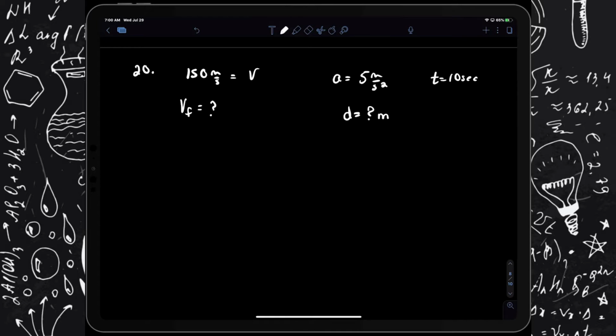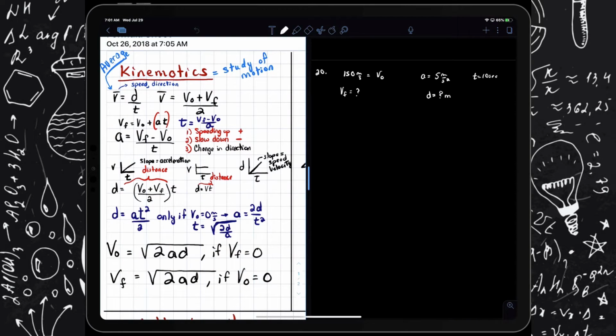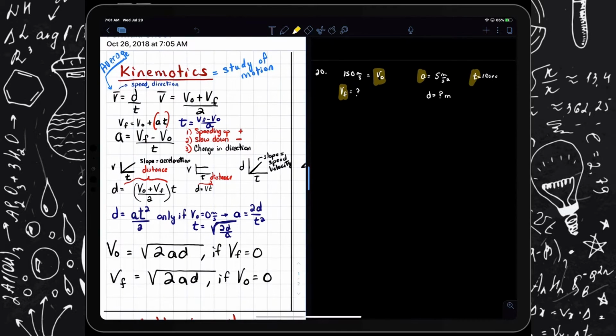All right, the first part of this, if it's saying what's the final speed at the end of this, then this means that that's a VF. We have to figure out what equation to use. So let's go to our formula sheet, and we're going to see how easy this is if you keep a clean one. You have VO, A, T, and you're trying to solve for the final velocity. So over in your equations, no average velocity given, so I can cross off those two.